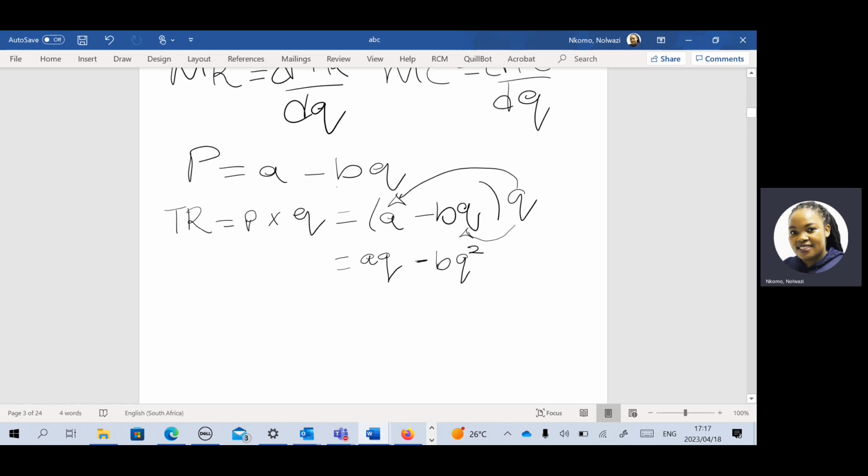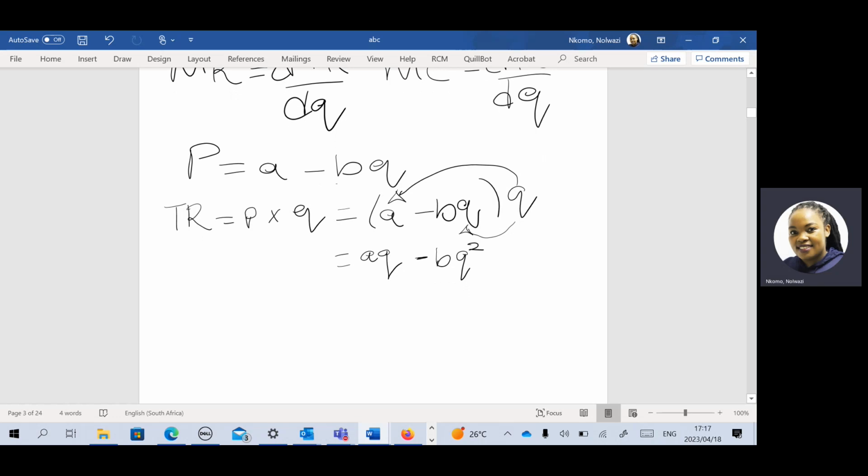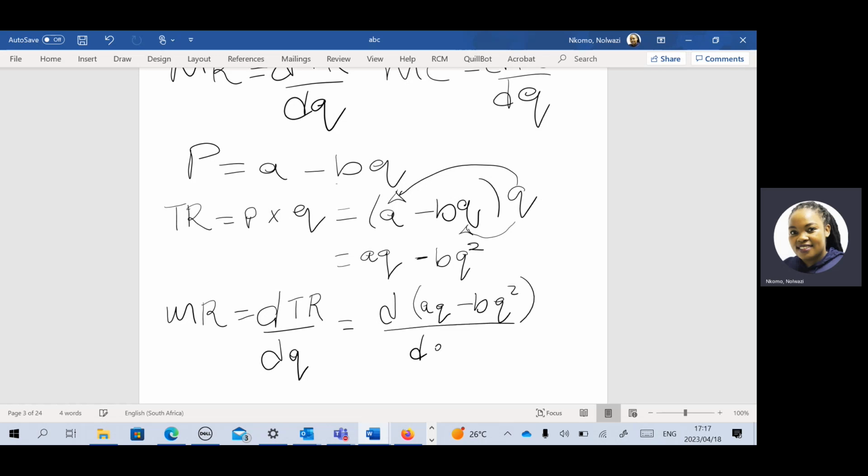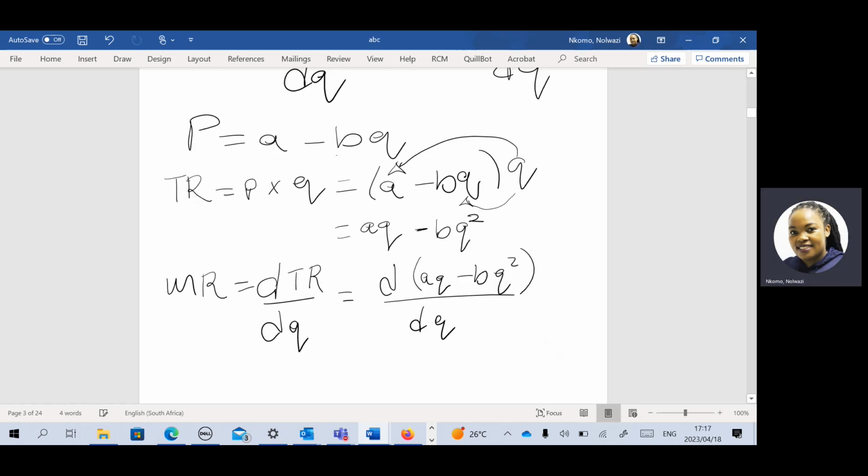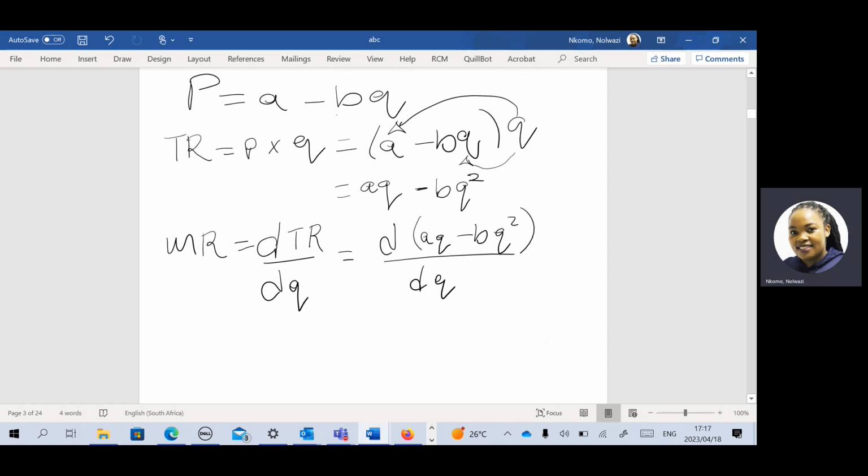Then, to get the marginal revenue, we need to differentiate the total revenue with respect to Q. Our total revenue is AQ minus BQ squared, and remember that A and B are constants.